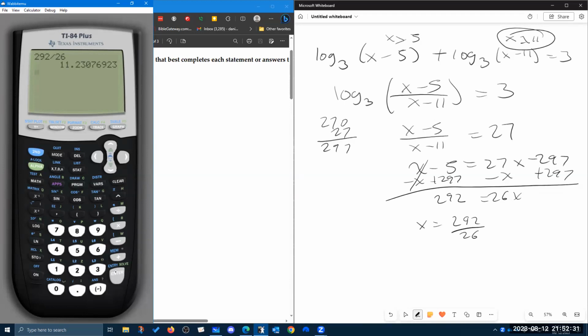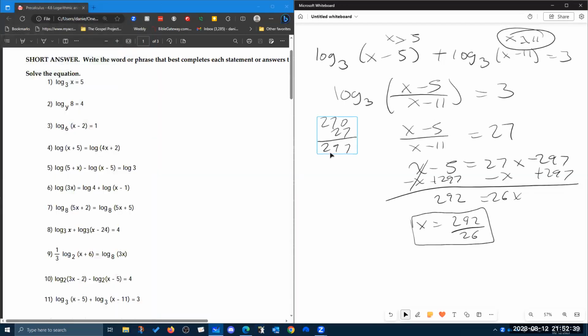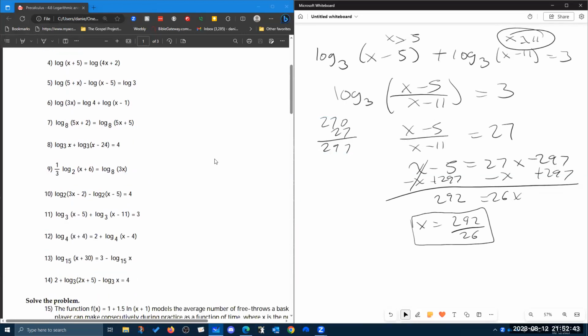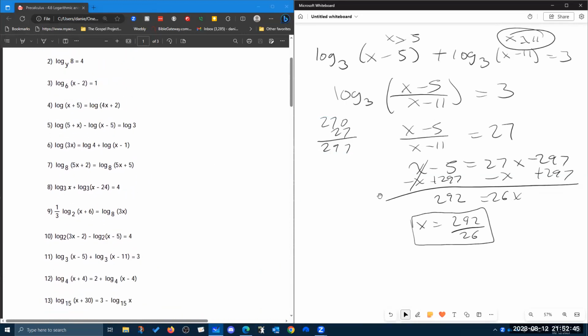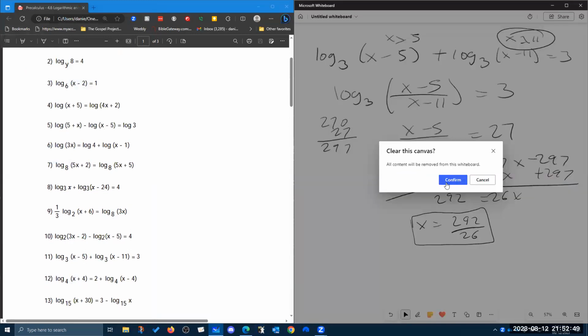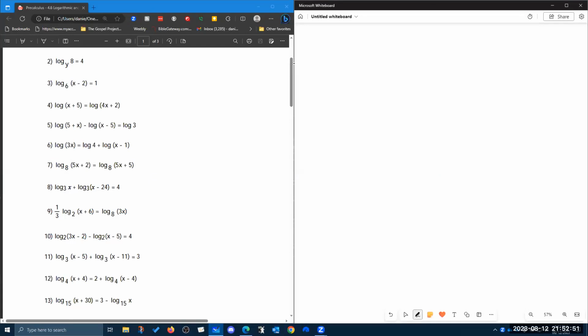Okay, so it's just a little bigger than 11, and that's what I needed to be in my domain. All right, that was 11. Let's check 12 and 13 here.